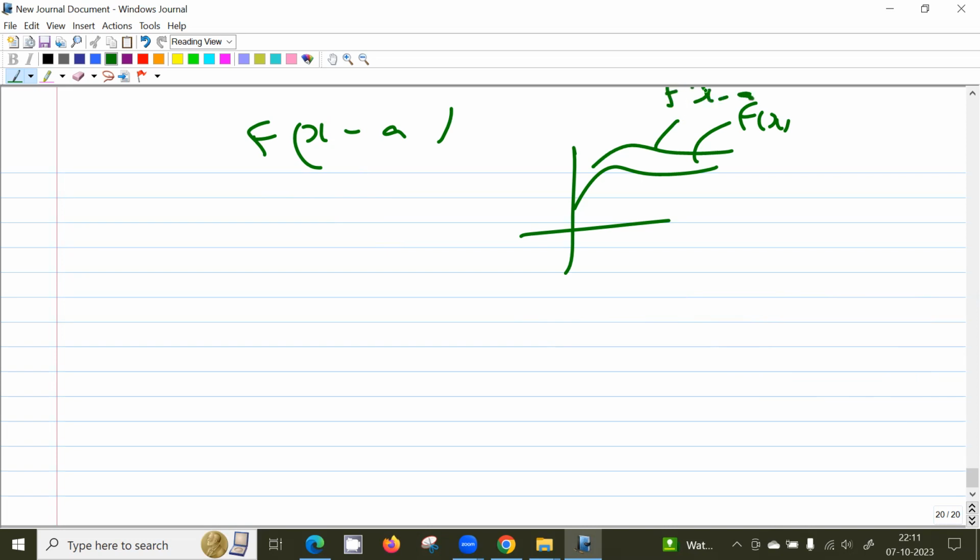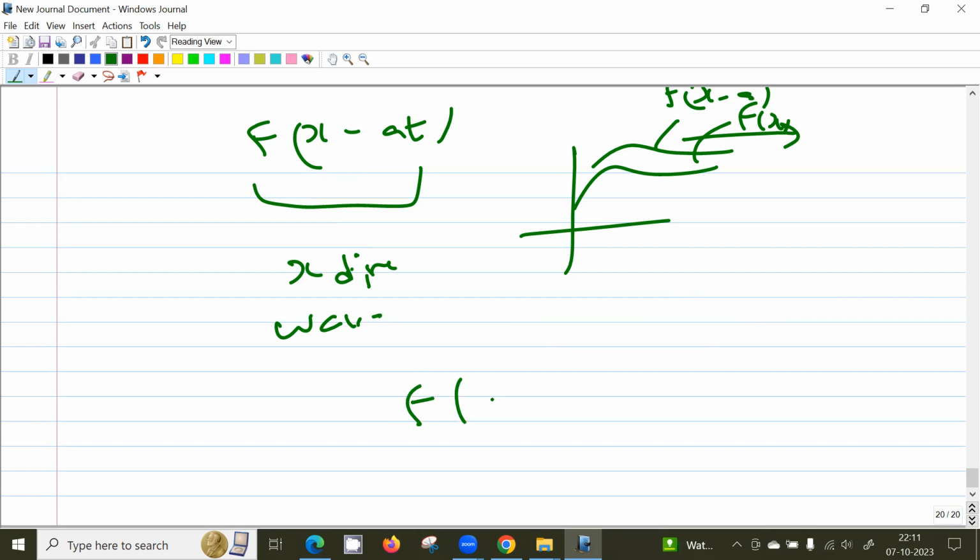Since I have this a into t, as time increases this will keep on moving towards right. So this is a wave traveling in the x direction.